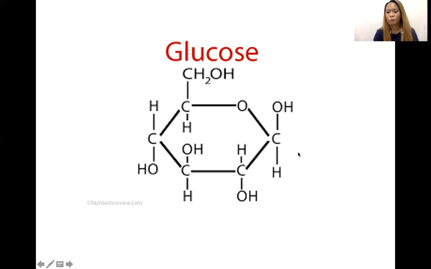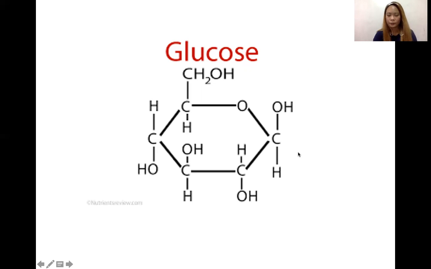Now, when it comes, for example, to alpha 1,4, in this glycosidic bond, it is indicating that the linkage or the glycosidic bond will be formed between carbon 1 and carbon 4. So if this is carbon 1 of one glucose molecule, it will bond to carbon 4 of the second molecule. So the glycosidic bond will be formed between these 2 molecules.